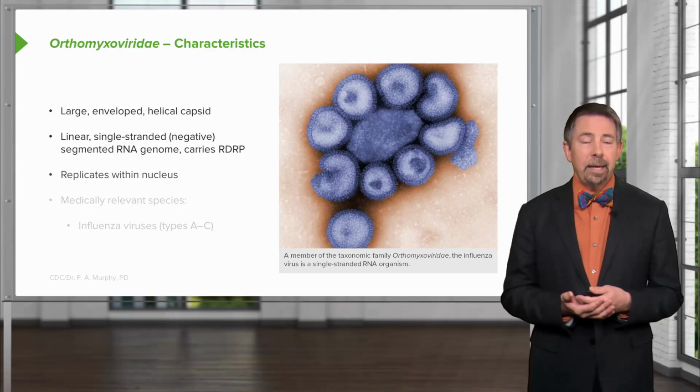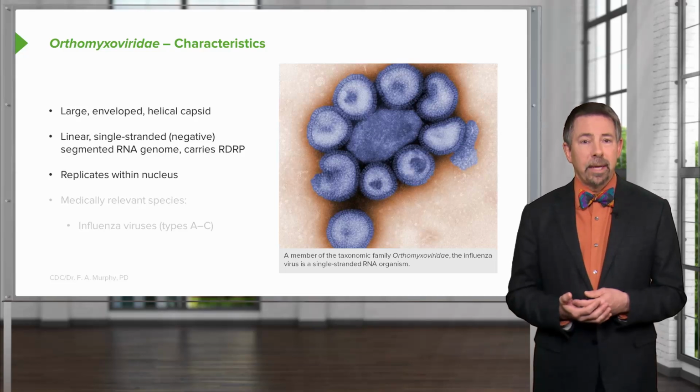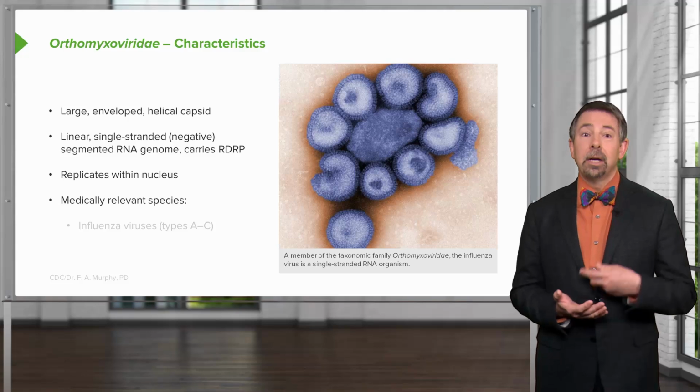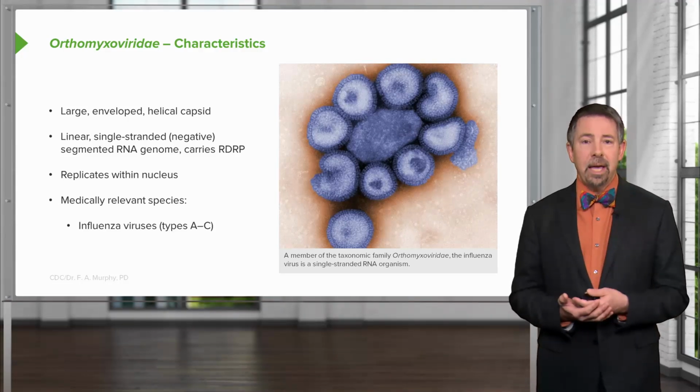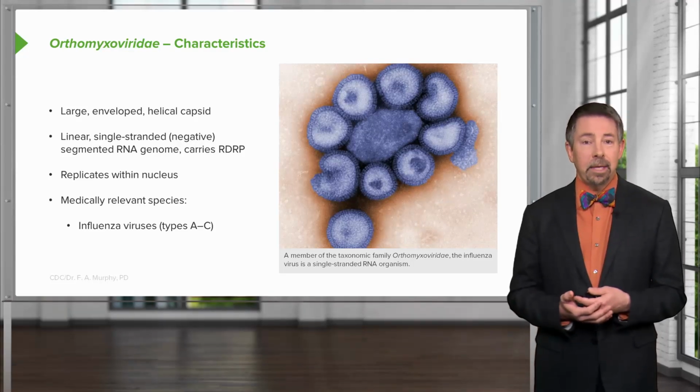They are able to replicate within the nucleus, even though they have their own RNA polymerase. The important viruses in this family are the influenza viruses, types A, B, and C. And these, of course, will be quite familiar to you as the cause of pandemic and epidemic flu.